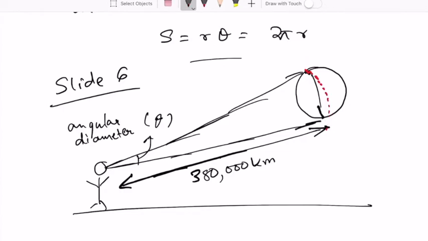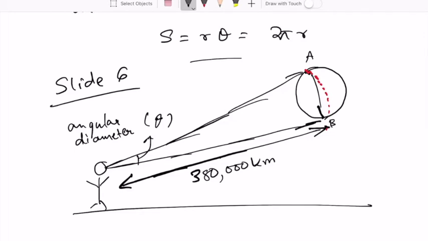Now, since this angle theta is extremely small, if you think about it, there won't be that much difference between the arc length and the straight line length between the two ends of the moon. So let me just call the two ends of the moon A and B. There's not that much of a difference between the arc AB and the straight line joining A and B, right?